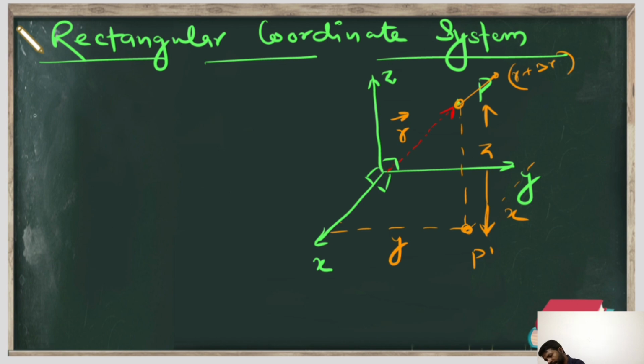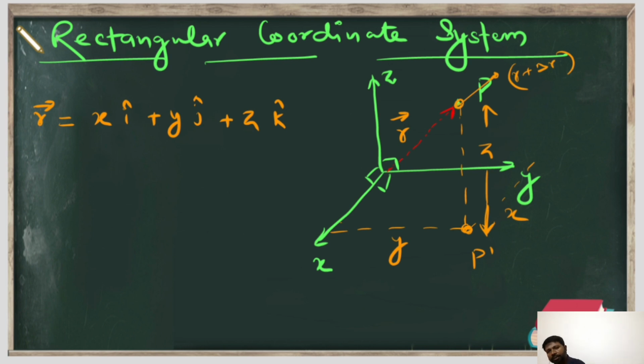So the position vector r of a point P is given as x i cap plus y j cap plus z k cap, where x, y, and z are the x component, y component, and z component of the position vector, and i cap, j cap, and k cap are the unit vectors along the x-axis, y-axis, and z-axis respectively.